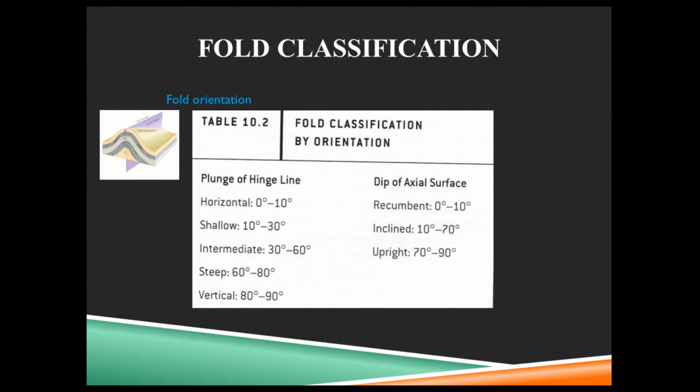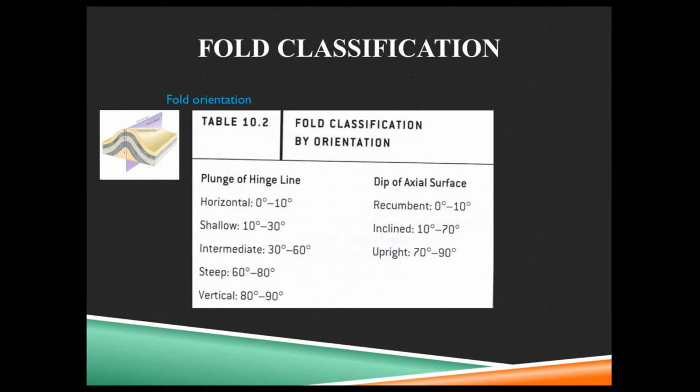It's a shallow fold, or a shallow plunge. So you would say shallowly plunging fold, plunging to the northeast, if it was plunging to the northeast. The plunge direction is whichever way it's going down into the ground. So in this case, assuming north is up on the page, this one would be plunging to the northeast.